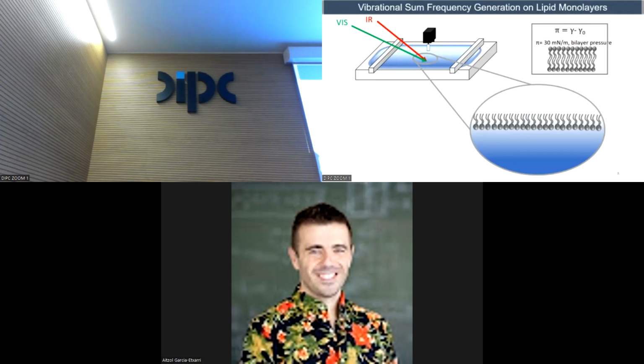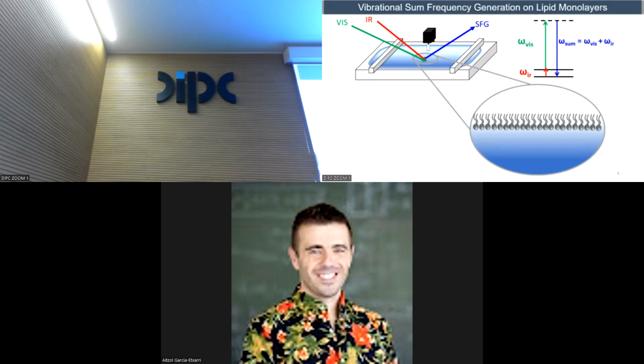Once you form this monolayer, we then overlap 2 ultrafast beams: an infrared laser beam and a visible laser beam. You spatially and temporally overlap these 2 beams on the surface. The visible frequency in this experiment is usually kept fixed, but the infrared, we can tune to any frequency in the mid-IR range that we want.